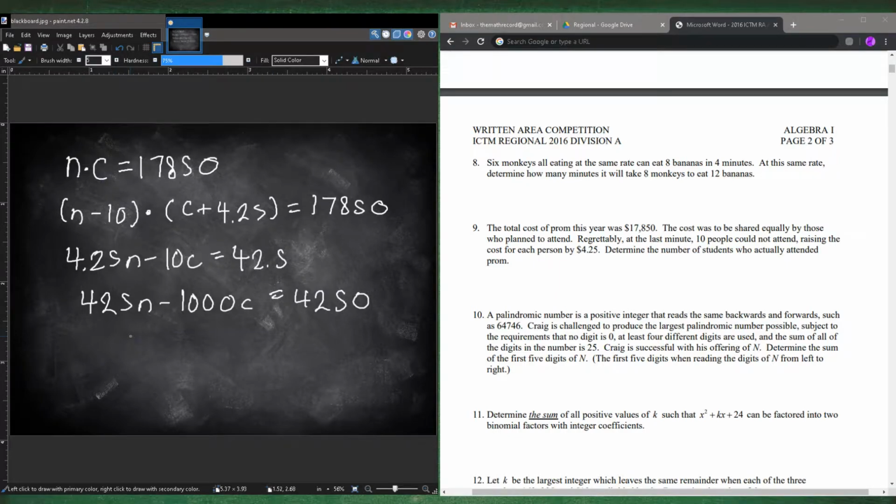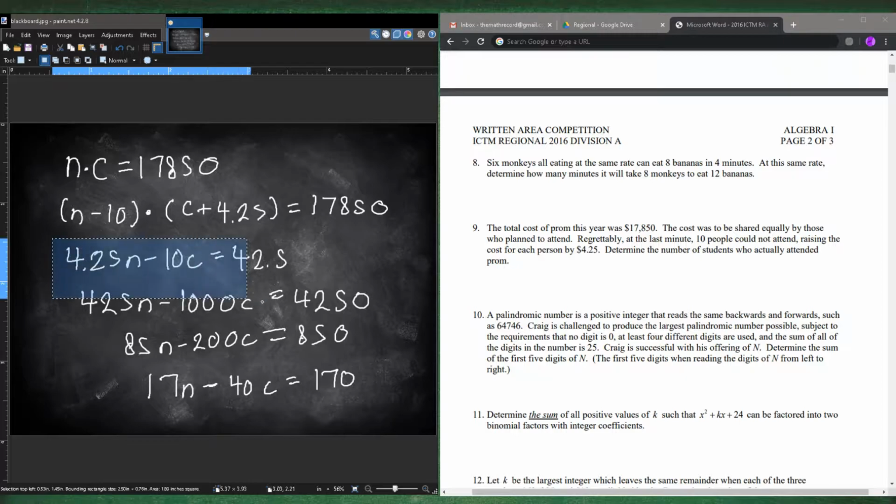And it looks like everything can be divided by 5. So 425 divided by 5 is 85, 1000 divided by 5 is 200, and 4250 divided by 5 is 850. It still can be divided by 5. So 85 divided by 5 is 17, so this is 17n minus 40c is equal to 170.